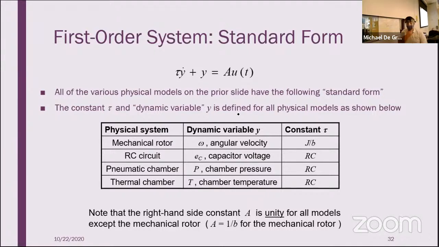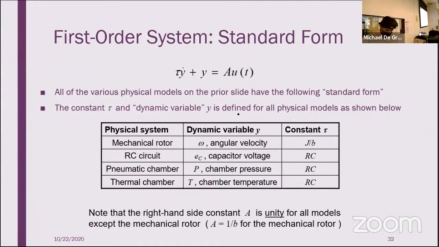So if you're looking at our rotational mechanical system, our dynamic variable was omega, and our constant tau was J over B. In all of the other examples, it's R times C. The constant A is unity for all of our models except for the mechanical system, where it would be 1 over B.